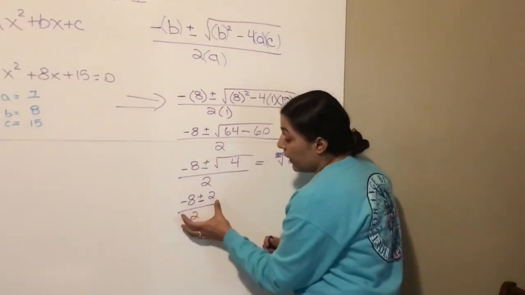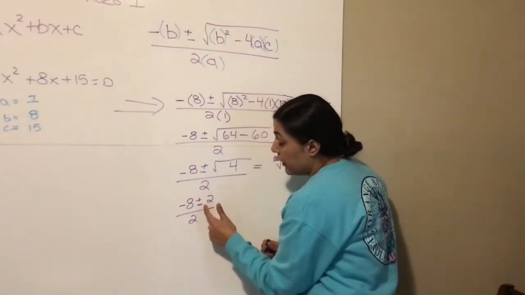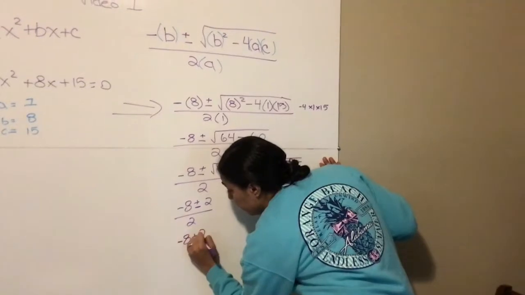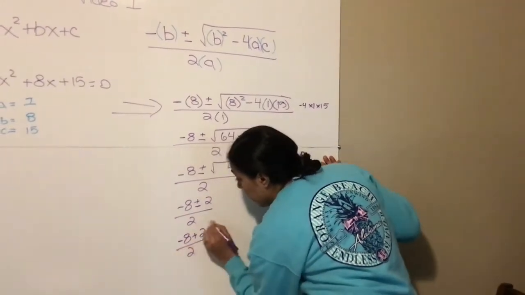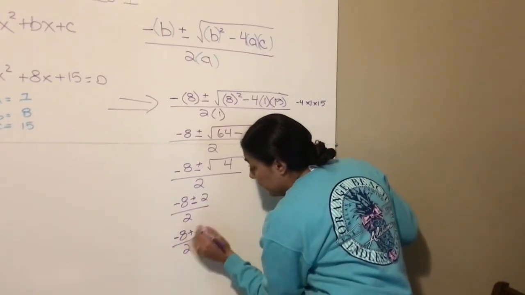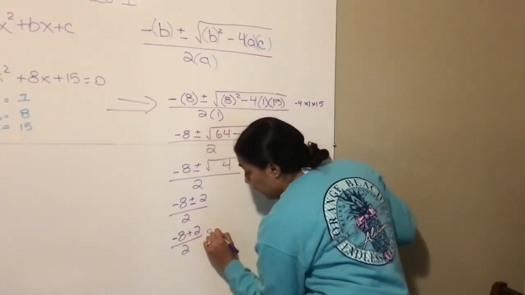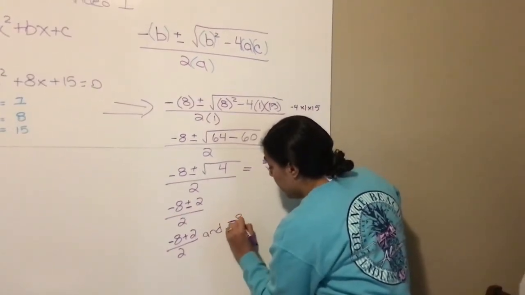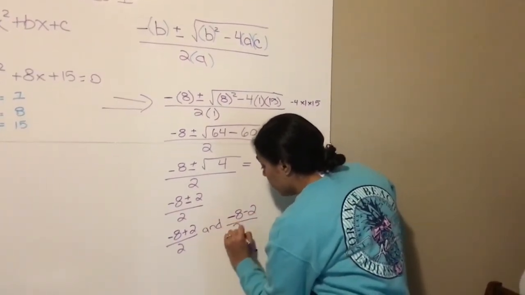This part is going to give you 2 equations. It's going to be negative 8 plus 2 over 2, and then we've used the plus, but we have not used the minus yet. You can just draw a little "and," because you should have 2 answers. So you got negative 8 minus 2 over 2.